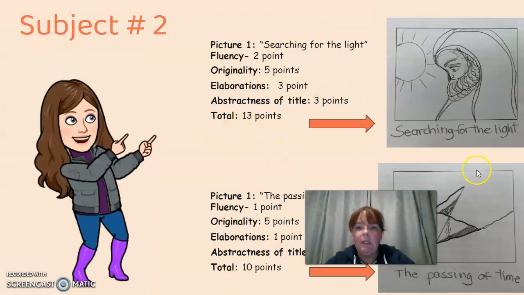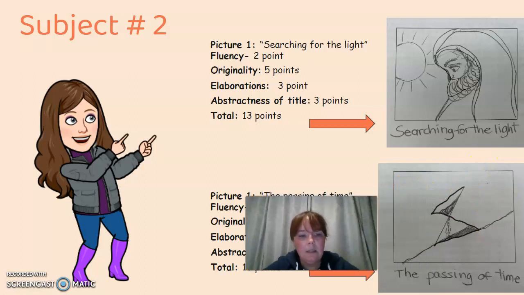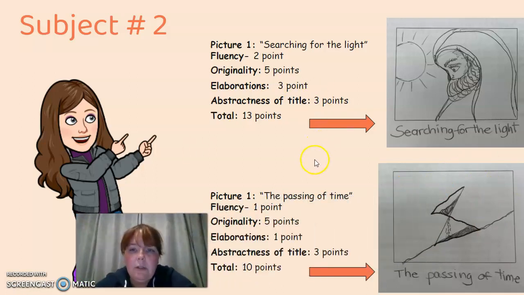So the second subject, I'm just going to move my camera so you can see the pictures clearly. For subject number 2's first picture, I was impressed with the detail within the person's face. The title was super creative and original, and the subject put a lot of thought into what the woman in the picture was doing.